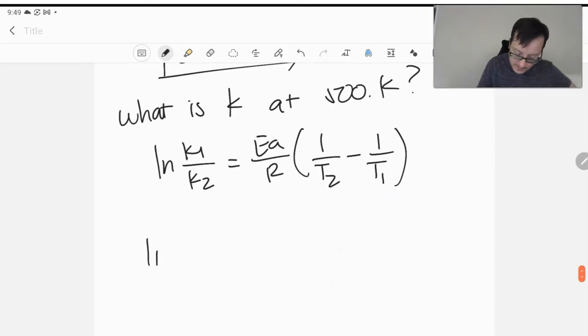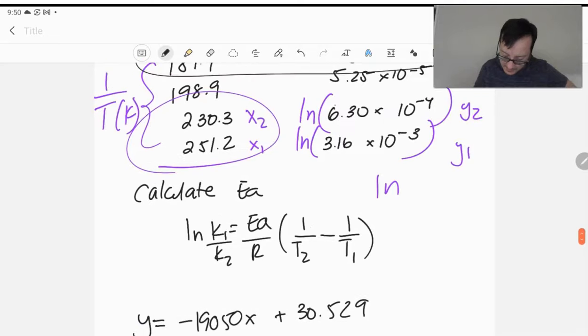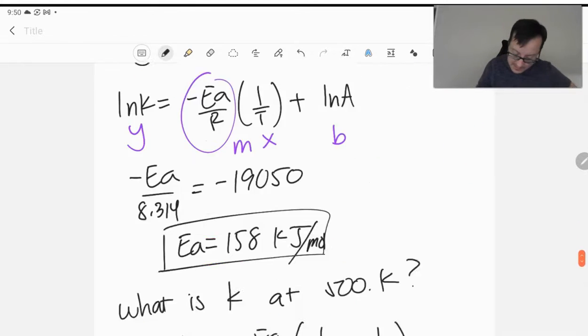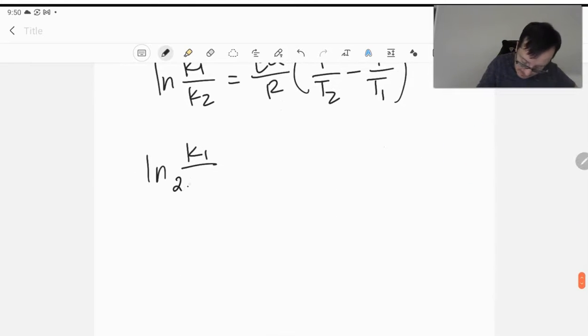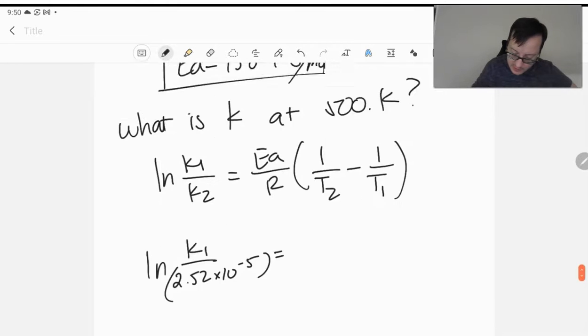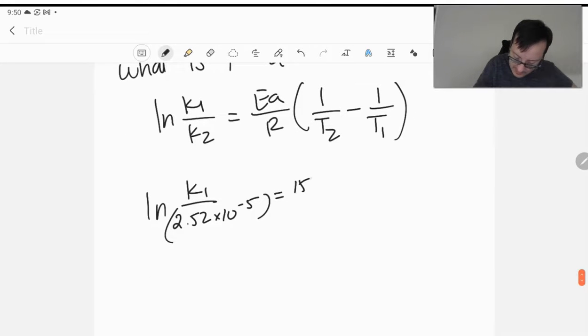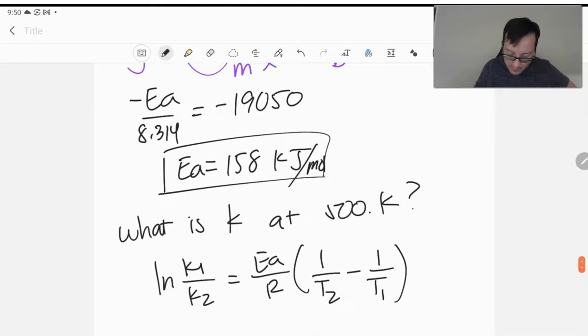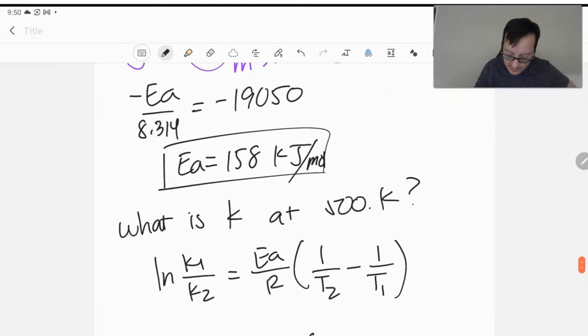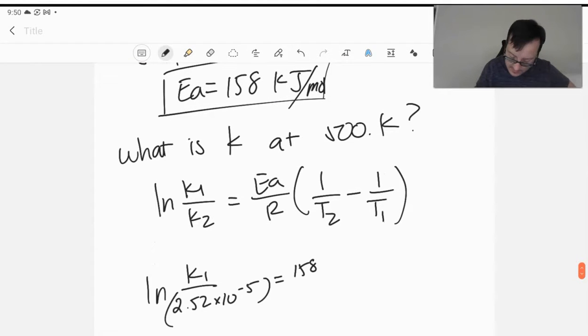So natural log of k1 over, I didn't copy the number down, let's go back up and find it, 2.52 times 10 to the negative 5, is equal to activation energy we just calculated, 158. Actually, we already have EA over R, it is negative 19,050. So we can actually just keep that.